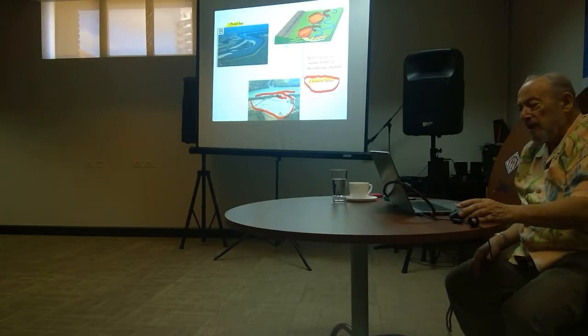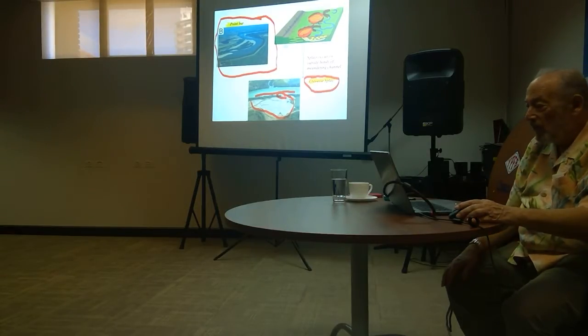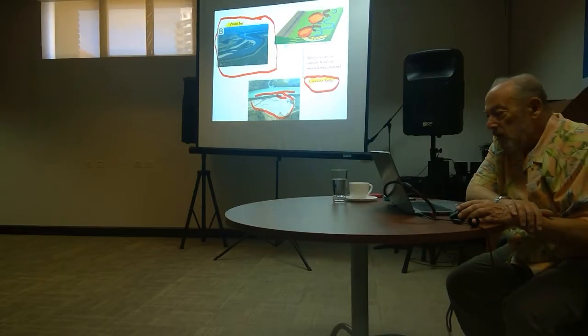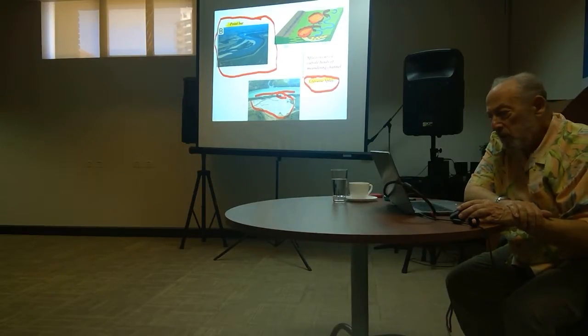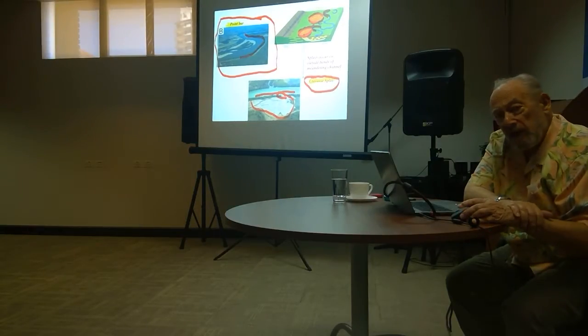Well, why is that? The reason, if we go over to this diagram, like I said before, is that during a flood stage you'll get very high flow velocities on the outside bend, the cut bank side of the river.